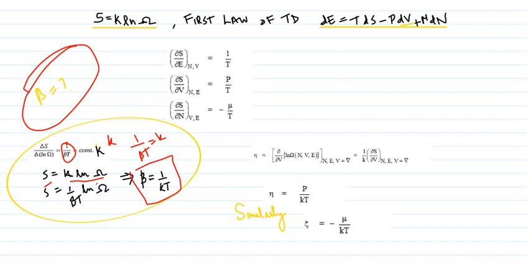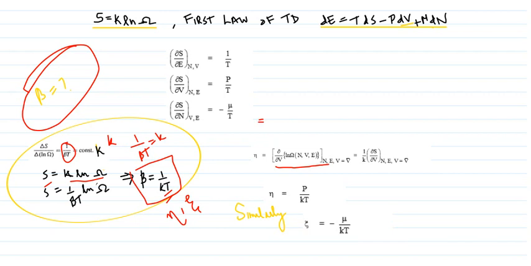Now we need to find out what eta and psi are, in terms of thermodynamic parameters. For that we are going to write the equation for eta, which is dou by dou V of ln omega, right? Now this will be equal to 1 by k into dou S by dou V. How am I going to get this? I will get this by chain rule.